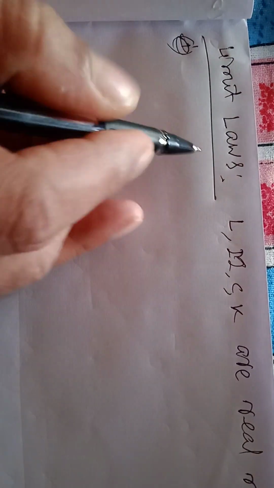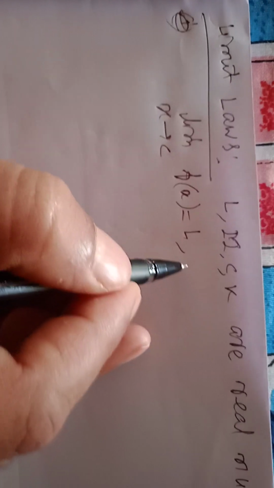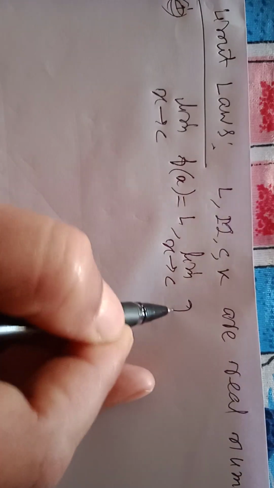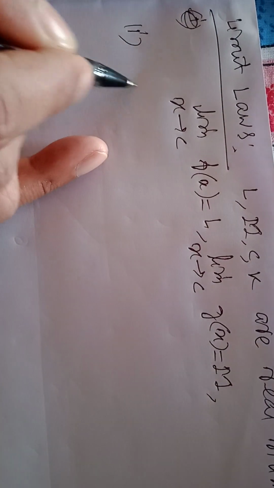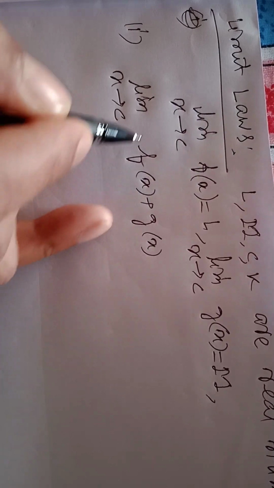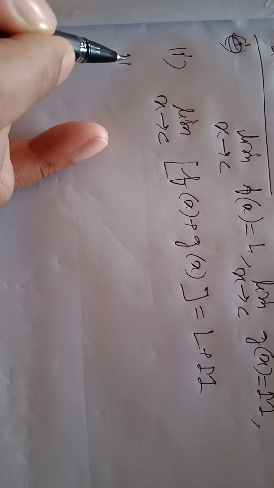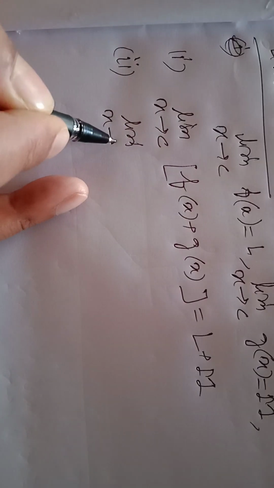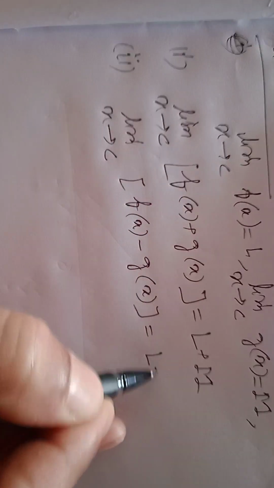First consider the limit as x tends to c of f(x) equals L, and the limit as x tends to c of g(x) equals M. Then number 1, the limit as x tends to c of f(x) plus g(x) equals L plus M. Number 2, the limit as x tends to c of f(x) minus g(x) equals L minus M.